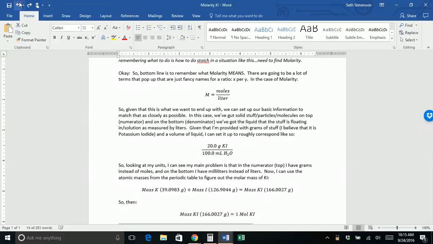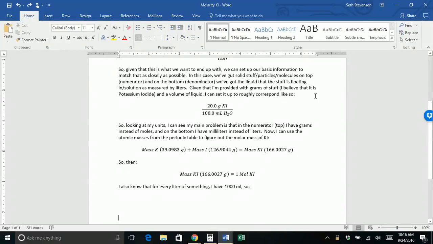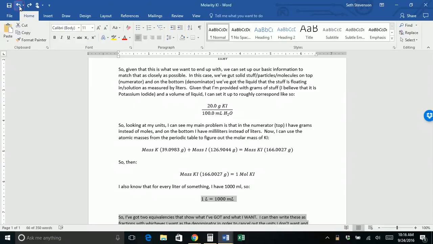All right, well, what about, let's scroll down here. I also know that for every liter of something, I have 1,000 milliliters of something. I don't even really need to say water in this case. That's just a plain old unit conversion. It's always true, no matter what the liquid is. So 1 liter is equal to 1,000 milliliters.